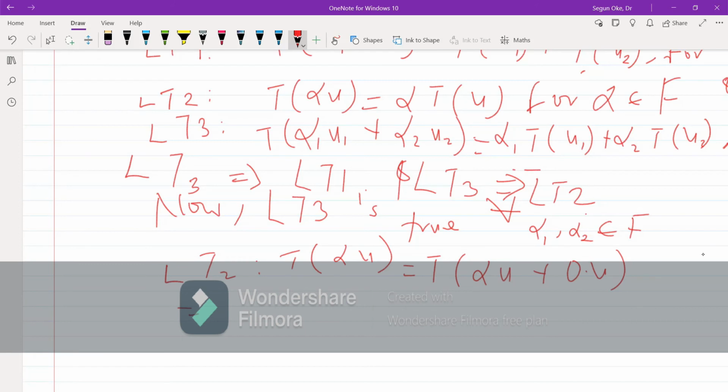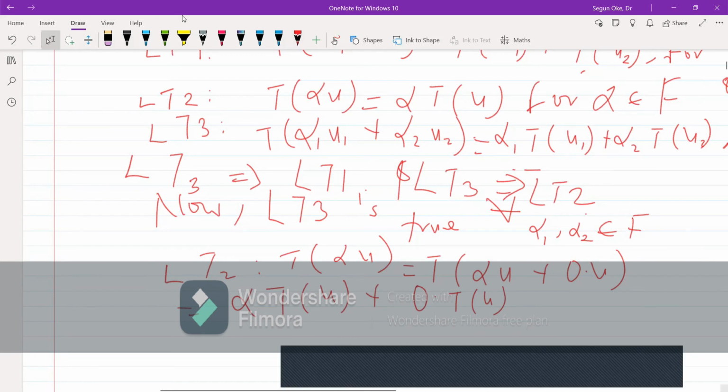Now we have alpha T of U plus what represents alpha here, 0 multiplied by T of U. We know this particular side will be 0, because 0 multiplied by anything will also give you 0.